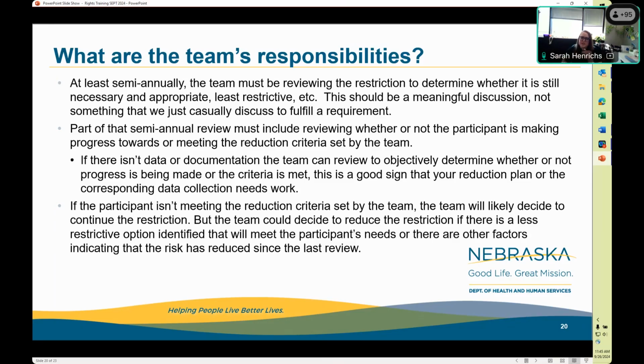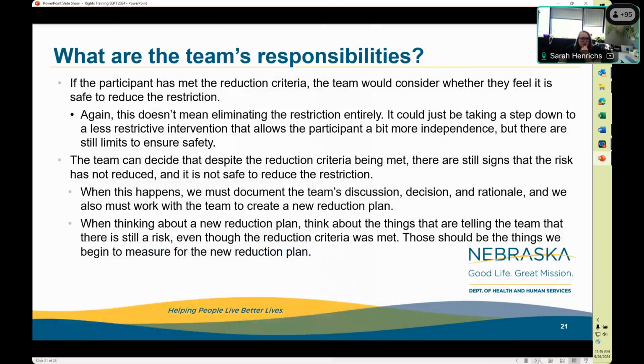So the reduction plan isn't the only pathway by which a participant might demonstrate that it is safe to exercise their right safely or to not have that restriction anymore. Again, if they have met the reduction criteria, the team needs to have a real, thoughtful conversation about whether they feel it is safe to reduce the restriction.